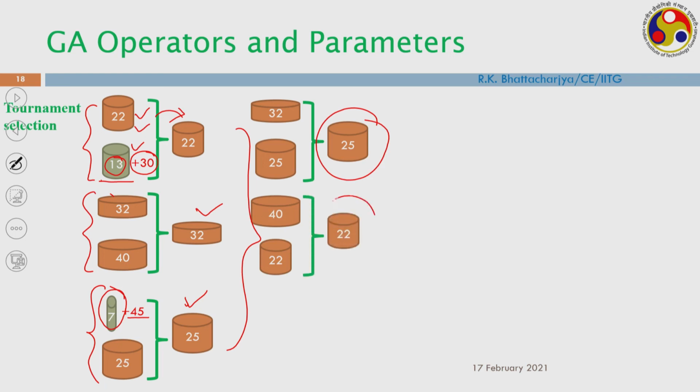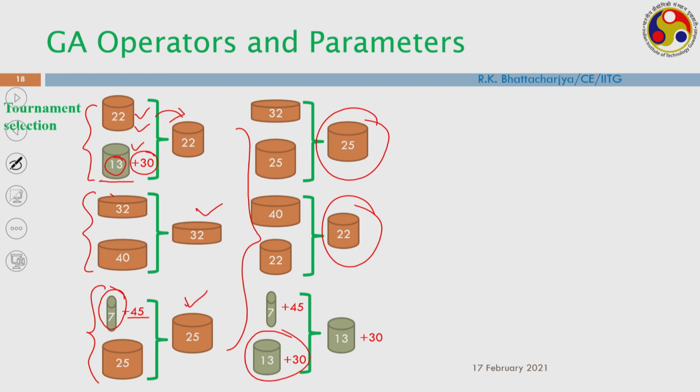So, in that case 22 is the winner, and here both are infeasible, and 7 is playing with 13. In this case the violation is a little less here, and therefore 13 will win the tournament.